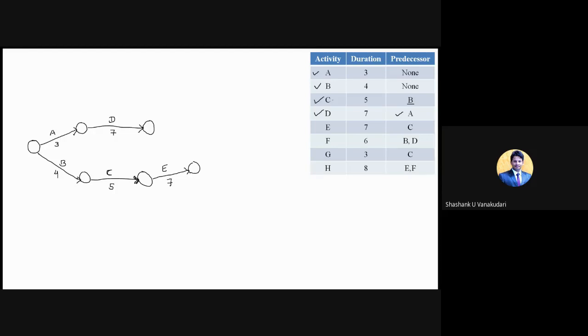Once you draw with a pencil, later you can rearrange it so it looks nice, meaning the nodes should have certain spaces from one node to the other. So draw it roughly and later you can redraw the diagram. Now the fifth condition is also satisfied for E activity. E carries 7 days, and C is the predecessor.